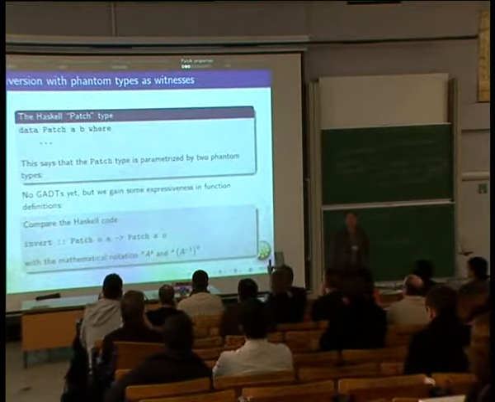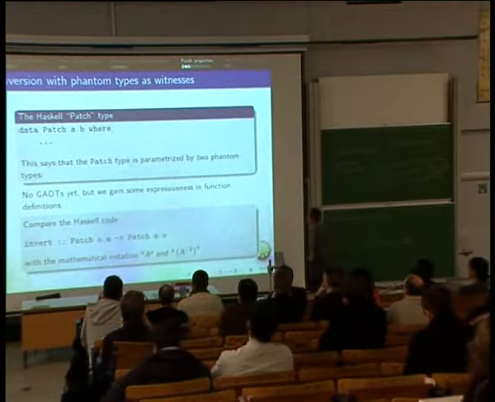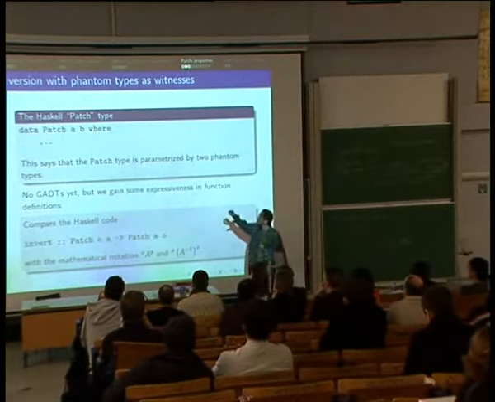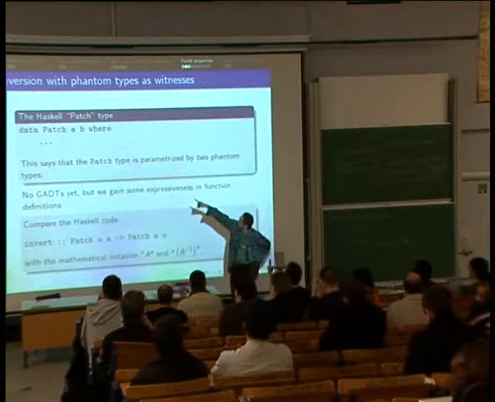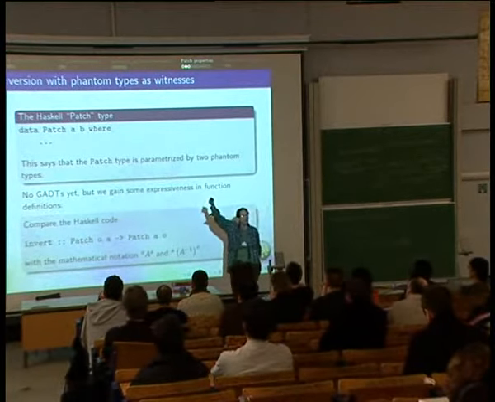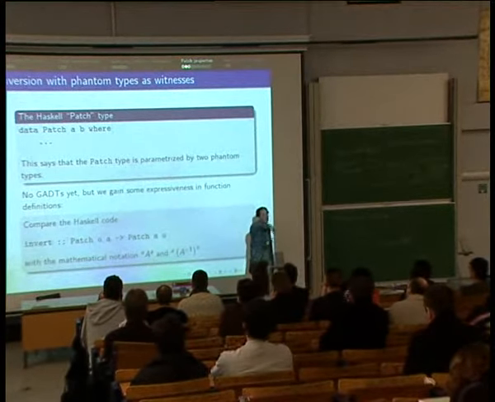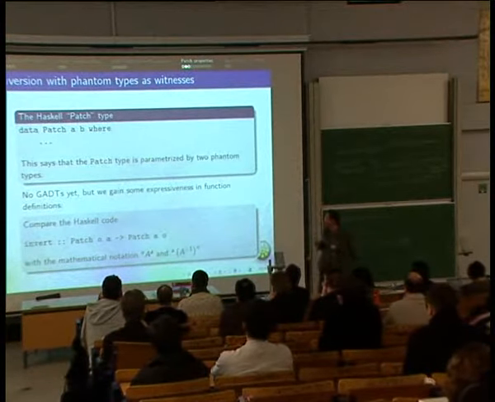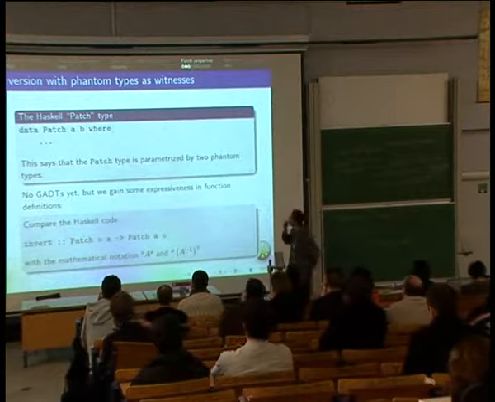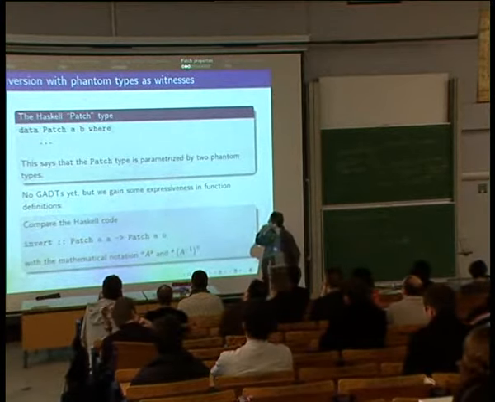So I'll show you where the phantom types come in. The patch type is defined as a gadget with the form Patch A B, where A and B represent the initial state and the final state, being phantom witness types, existential ones.